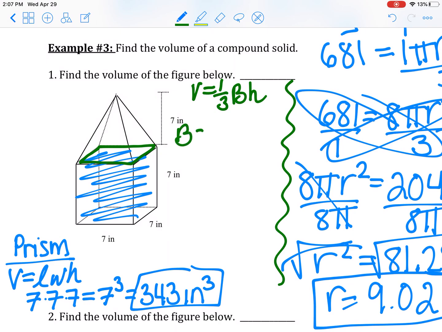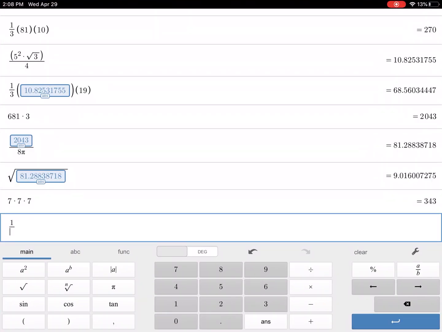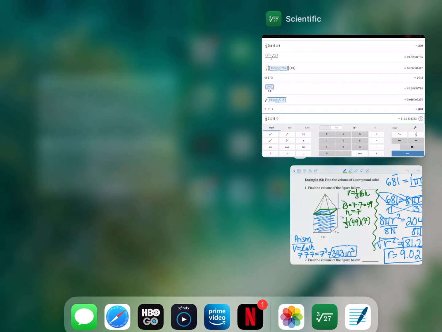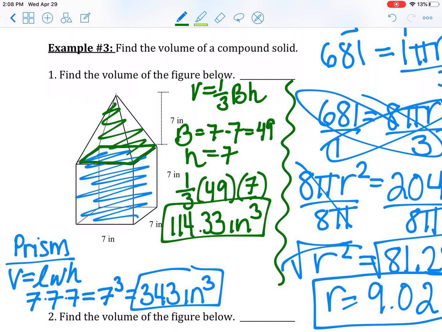So the B is going to just be that 7 times 7, and that will give us 49. And our height is also 7. A lot of 7s in this problem. So let's plug it all in. We'll have 1/3, 49 times 7. And you get 114.33 inches cubed. Okay, so that gave us our pyramid.